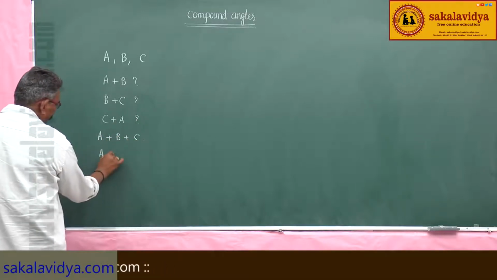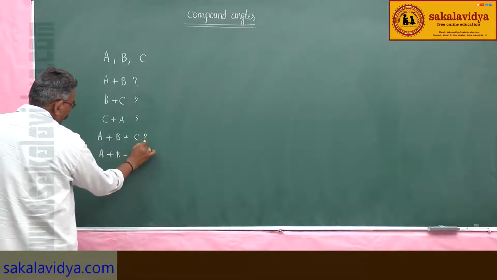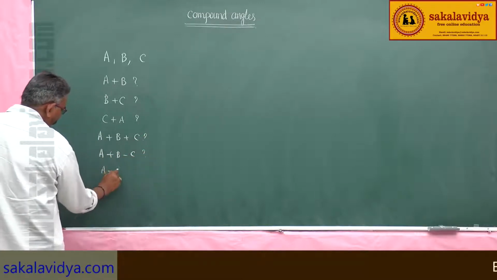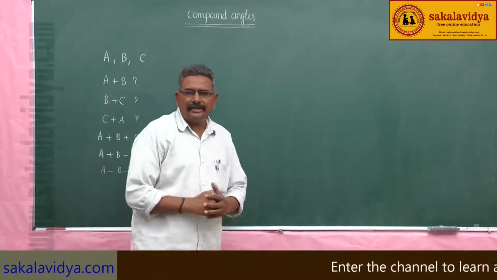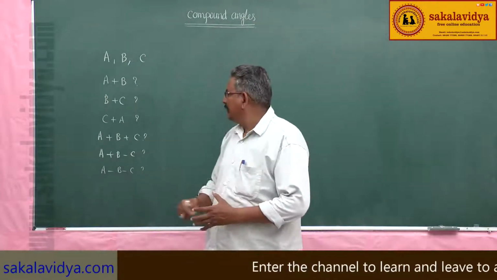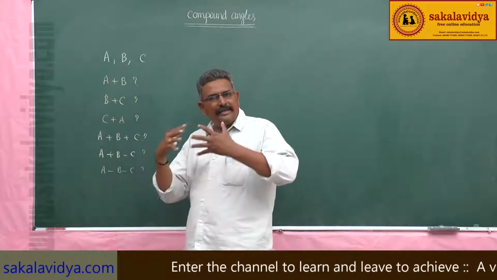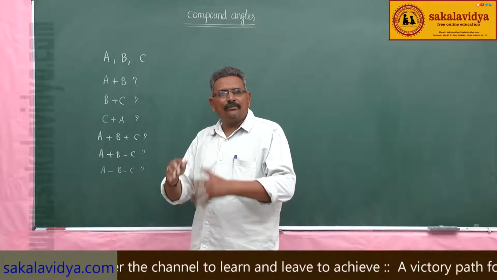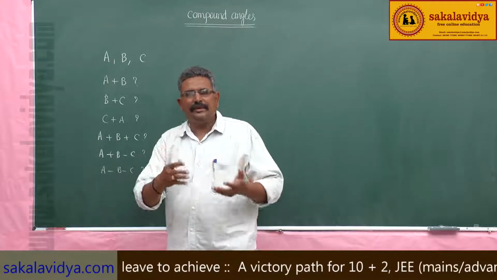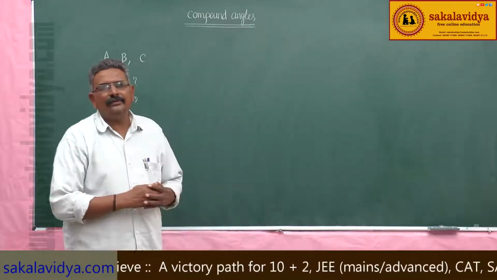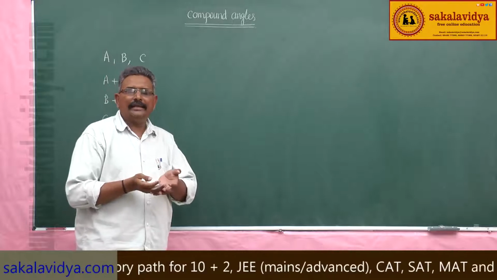Can we define A plus B minus C? Can we define A minus B minus C? Like this. So, that means indirectly we can say, can we define the algebraic sum of two or more angles? Yes. So, we can define the algebraic sum of two or more angles.